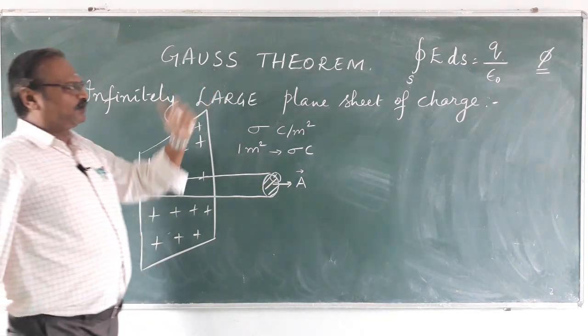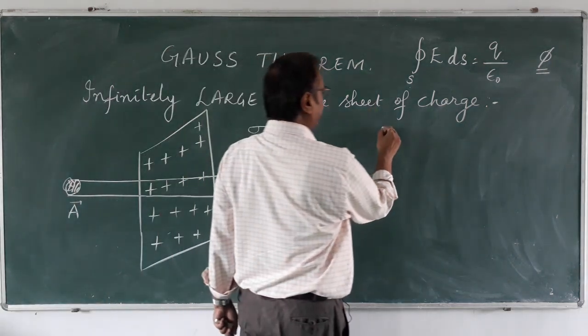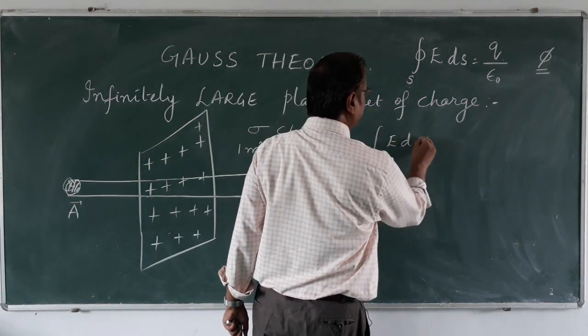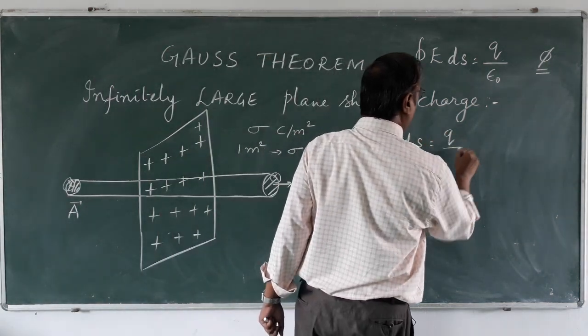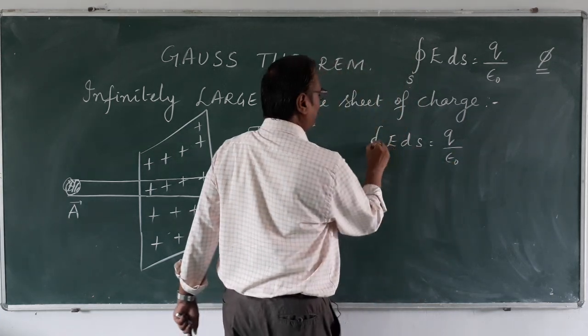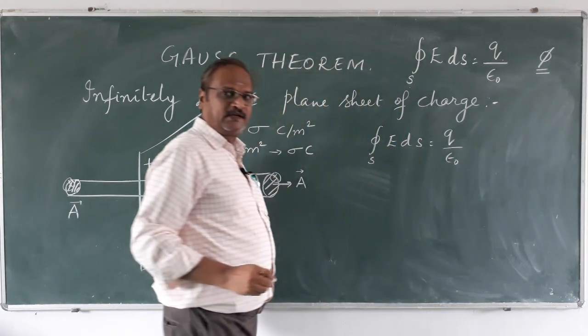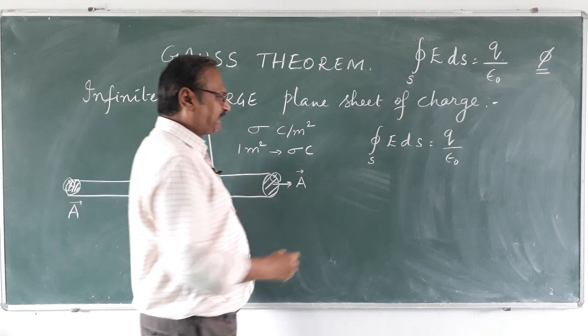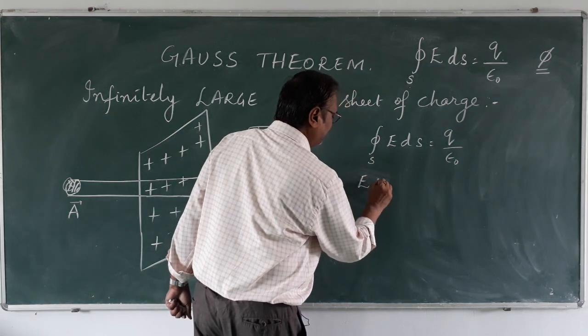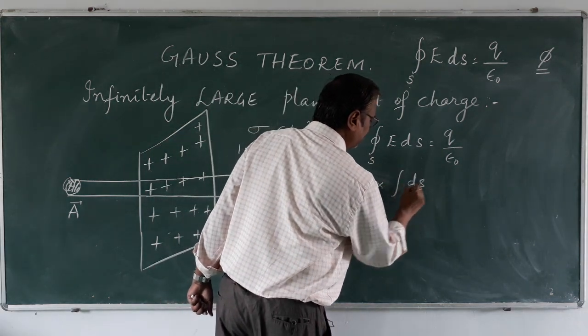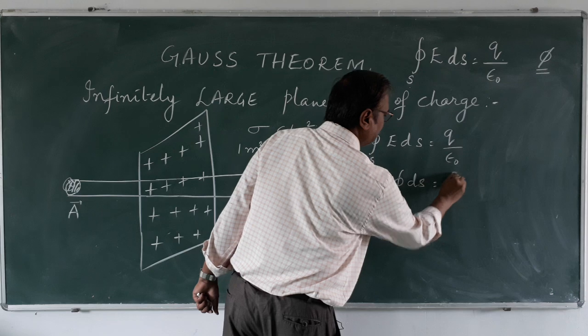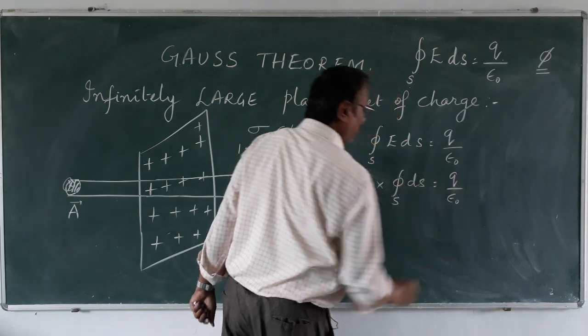Now let us take the Gauss theorem. Integral E dS is equal to Q upon epsilon naught over a given closed surface. My aim is to find the electric field. So electric field into integral dS over a closed surface is equal to Q upon epsilon naught.